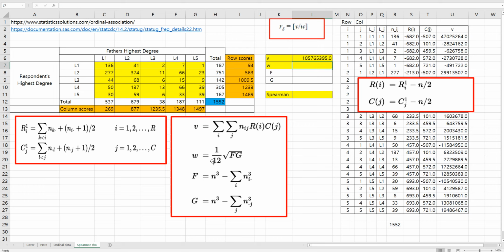Then W can be calculated by the square root of F times G divided by 12. So let's get F. F can be calculated by using this formula: total counts to the power of 3, minus the sum of the cubes of the marginal rows, second row, third row, first row, and the final last cell, this one.